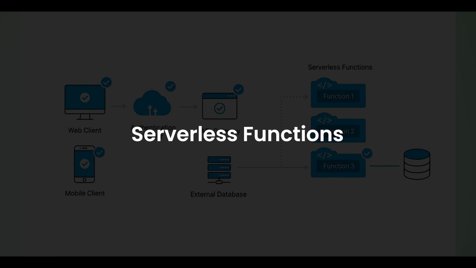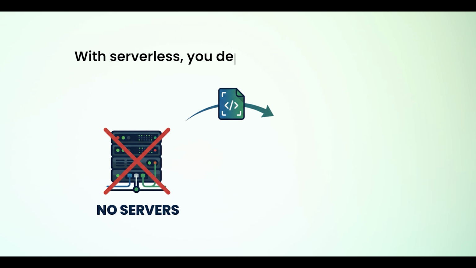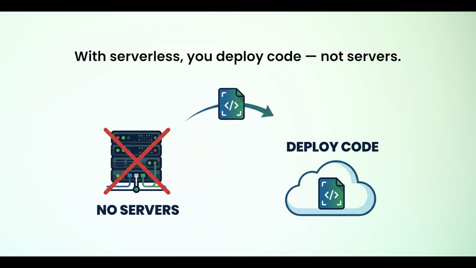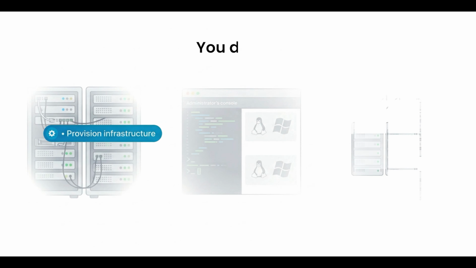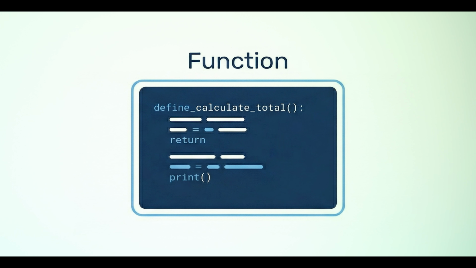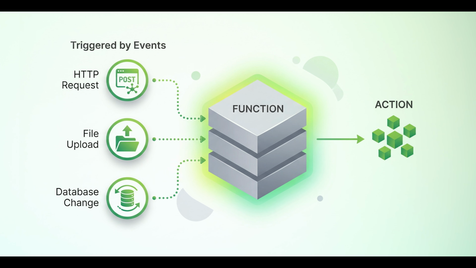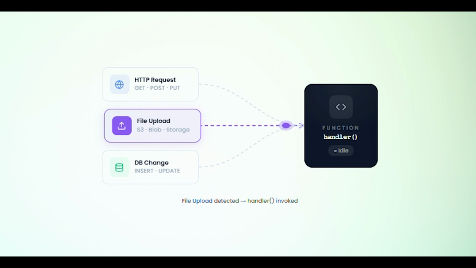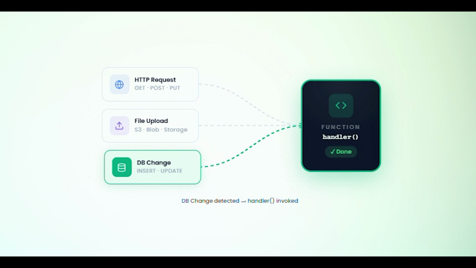Serverless functions. With serverless, you deploy code, not servers. You don't provision infrastructure. You don't manage operating systems. You don't manage scaling infrastructure. Instead, you write small pieces of code called functions. These functions run only when triggered by an event, an HTTP request, a file upload, a database change.